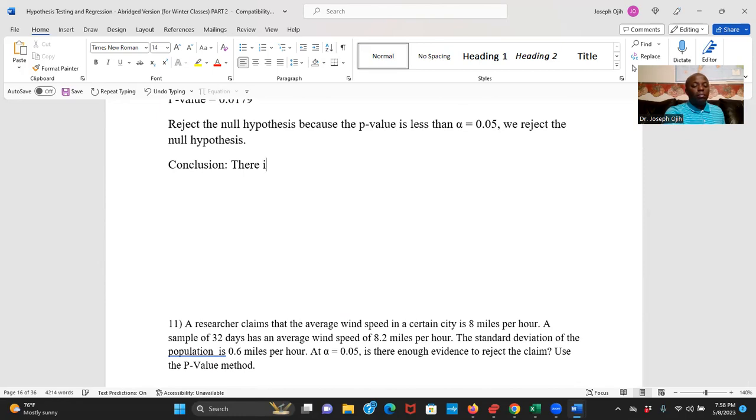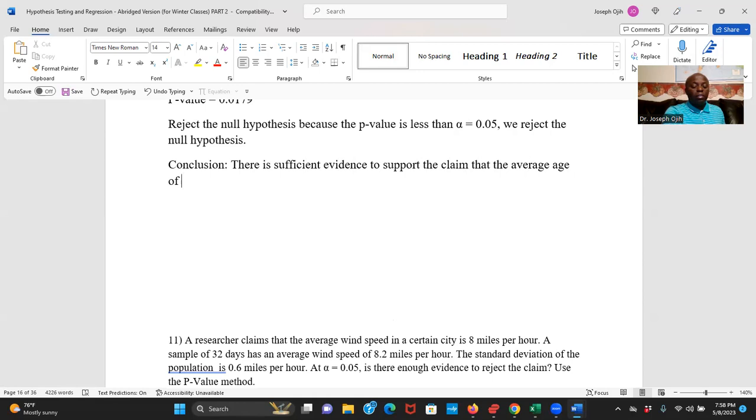So you can say that there is sufficient evidence to support the claim that the average age of lifeguards is greater than 24 years. I'm going to put it right there.